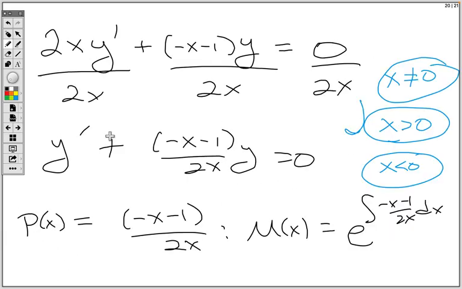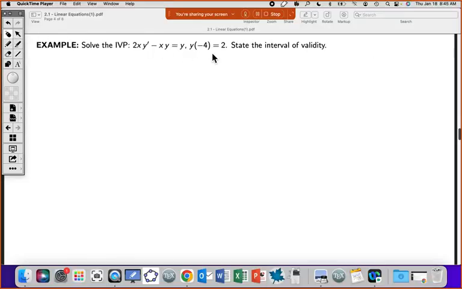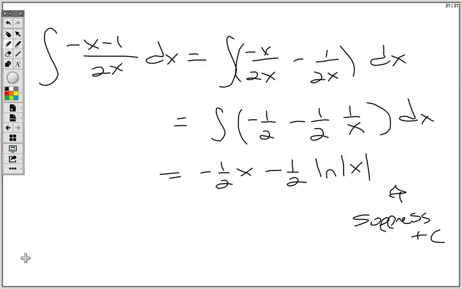So this is another thing where we've got to figure out what interval we're working on to get this to work. So how can we pick? In this particular case, well, we'll leave the absolute value for now. We'll just leave it till the end there. Anyway, this is the exponent for the integrating factor.